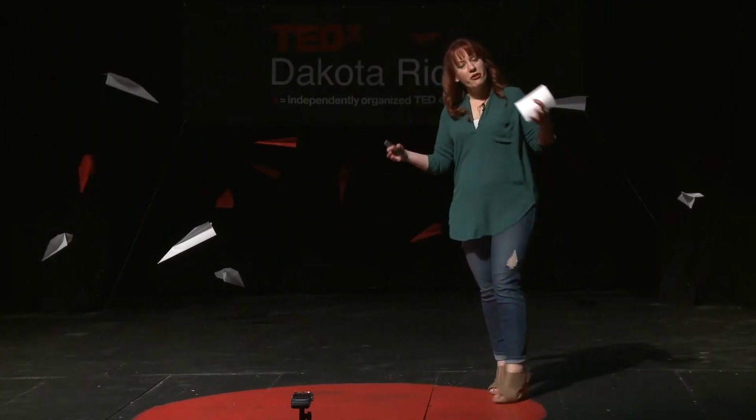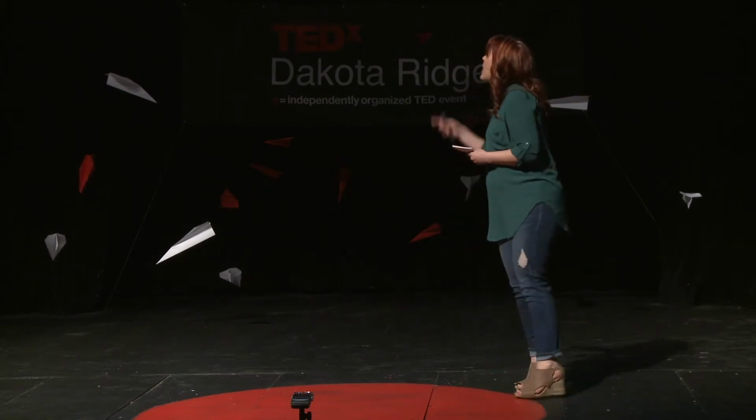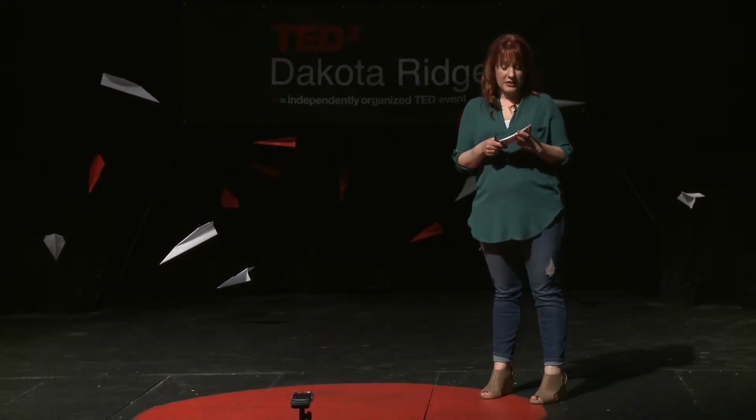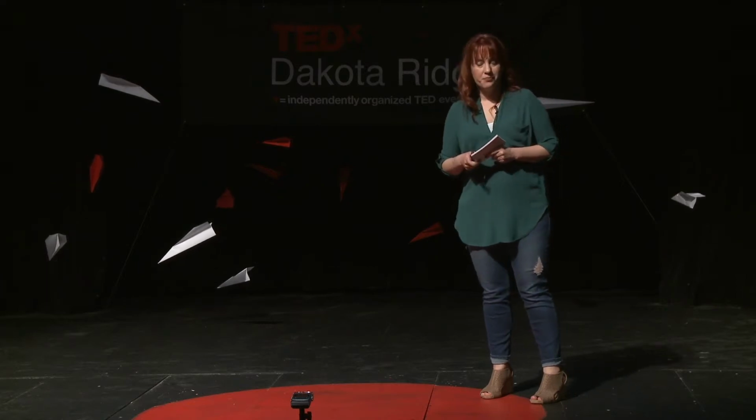Despite it being a natural human tendency, sentence diagramming itself is a uniquely American phenomenon. The first foray into this sort of diagramming was by S.W. Clark in 1847, and he wrote an impressive tome called A Practical Grammar, in which words, phrases, and sentences are classified according to their offices and their relation to each other, illustrated by a complete system of diagrams, which gives any other book title a run for its money.